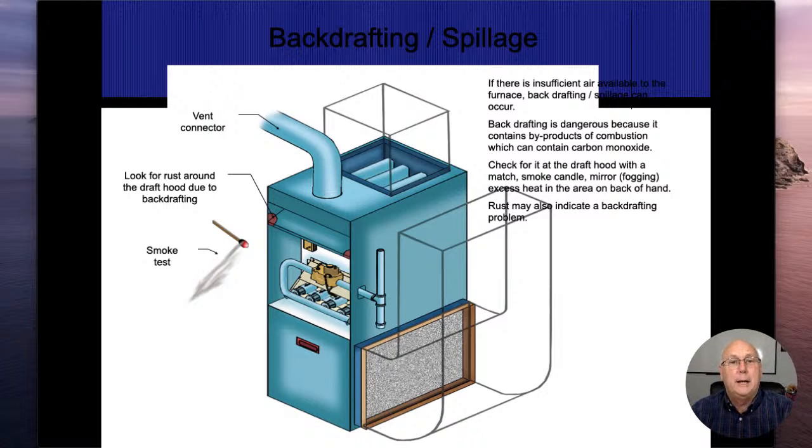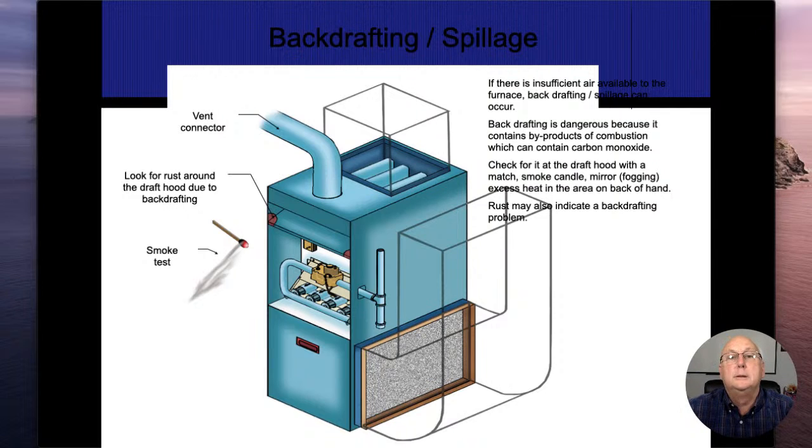Different ways that we could check for backdrafting. Those of us that wear glasses, I usually take the glasses and I'll put it in front of the hood, and if it steams up, it's backdrafting. I've seen where you could take a flashlight and shine the flashlight on an angle on the beam, and then you give a quick blow of air and get the dust up in the air, and you should be able to see that dust going up the vent connector instead of coming down and into the room.